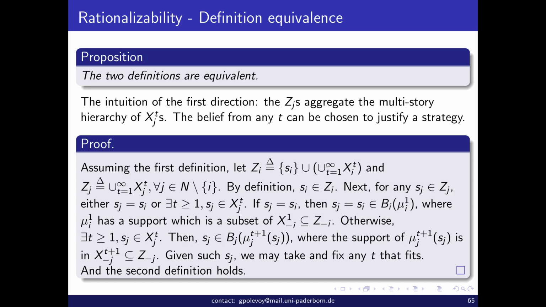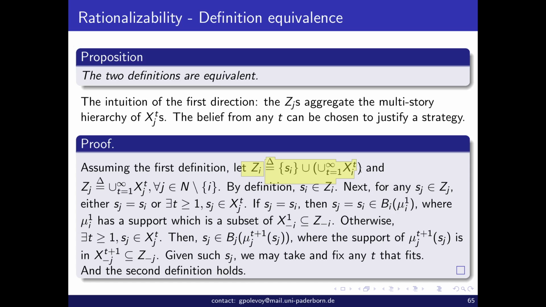So given the first definition, let's construct the Zj's and show that they are what we need in the second definition. The first definition did not take the action which was rationalizable in those Xi's. So in Zi we need to explicitly add Si, and all the Xit's, when t goes from 1 to infinity.